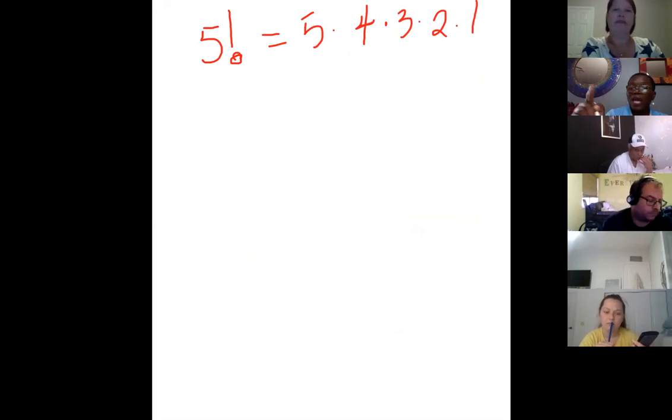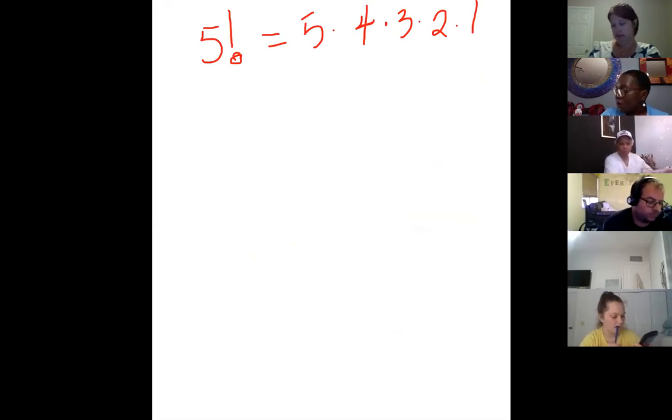On your calculators, I don't even remember where this is because I don't have a calculator in front of me, guys. I want you to start looking at your calculator and see if you can find that factorial. Mine's on the top right-hand side, just underneath the on button.